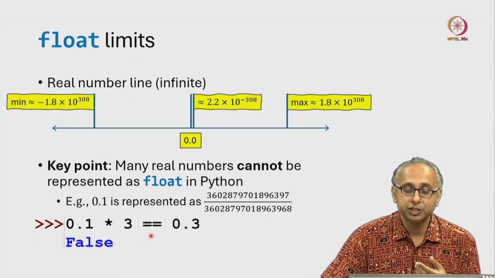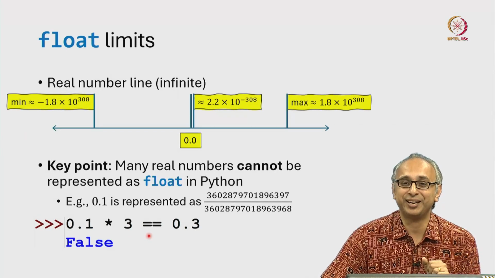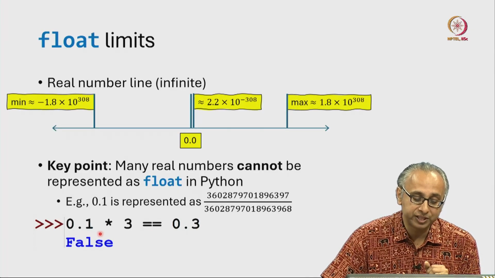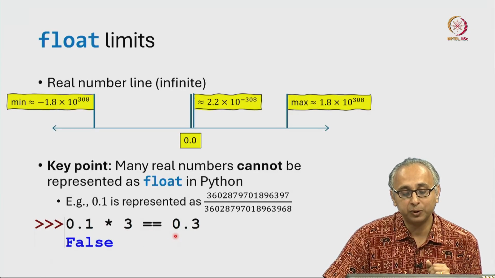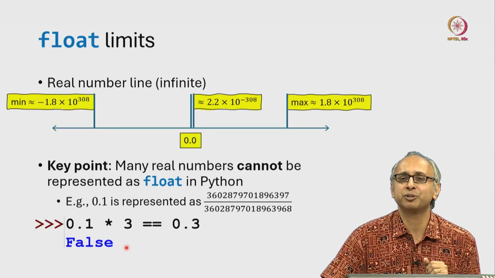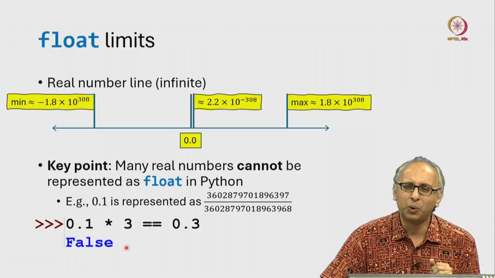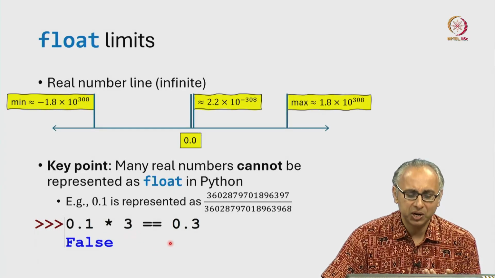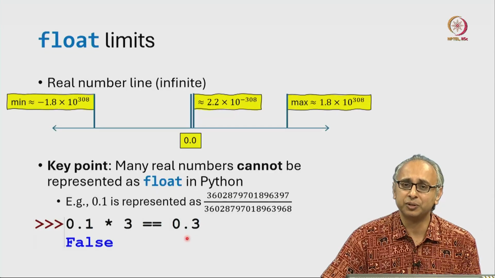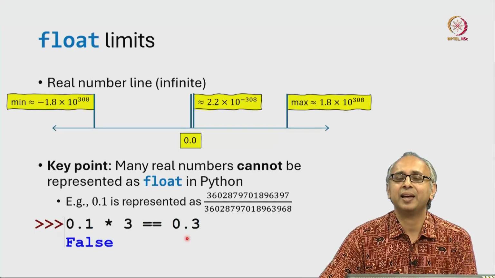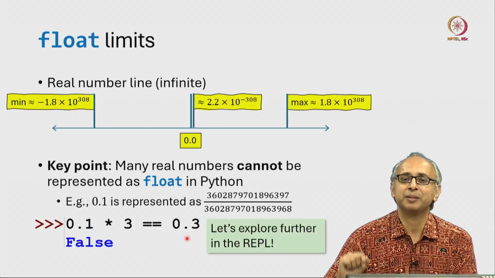But if I use this operator, which we haven't yet seen, which checks for equality, if I check if this expression is equal to this floating point value, it tells me the answer is false. What? Why is 0.1 times 3 not equal to 0.3? Well, let's explore this and other things in the Python REPL.